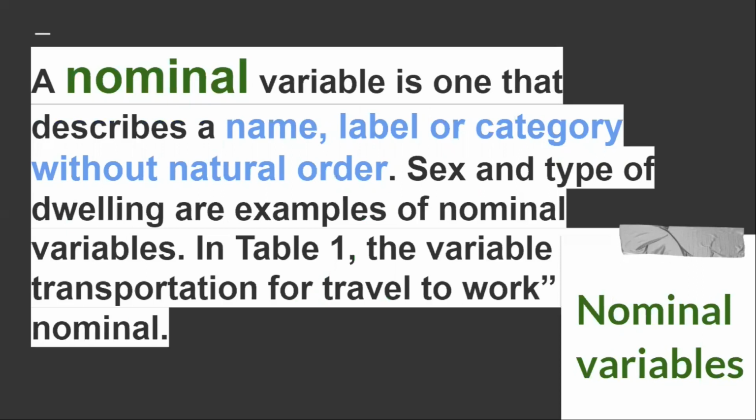A nominal variable is one that describes a name, a label, or a category without natural order. For example, sex and type of dwelling are examples of nominal variables. In the table that follows, we have the variable mode of transportation for travel to work, that is nominal.